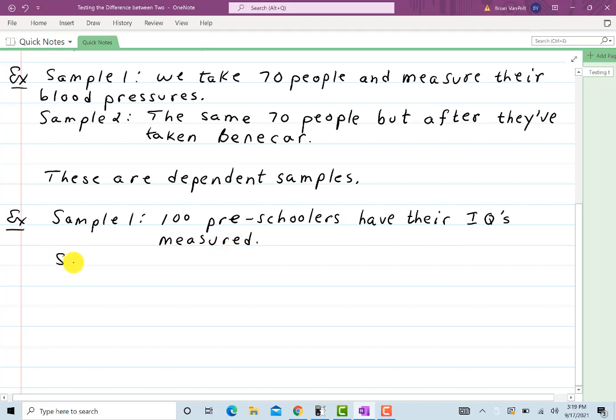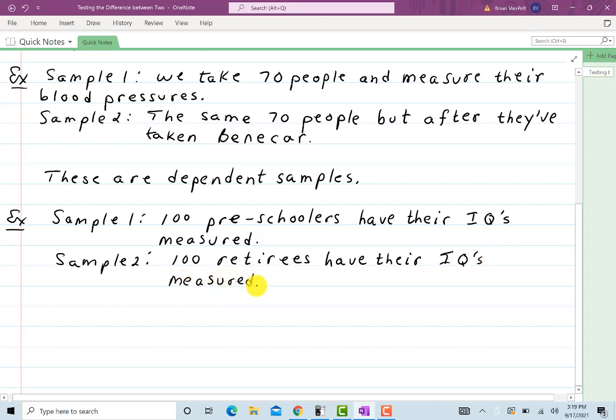Sample 2. 100 retirees have their IQs measured. Now this is assuming I'm doing this at the same time, both samples, so it's clear we can't be preschoolers at the same time as being retirees, so they're not connected to each other, so therefore we would consider these to be independent samples.